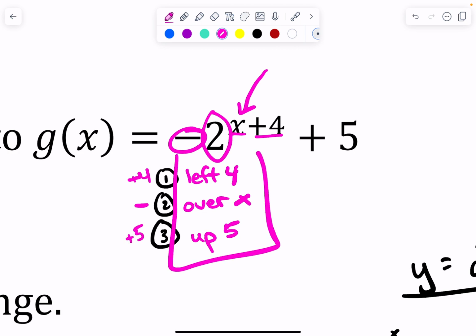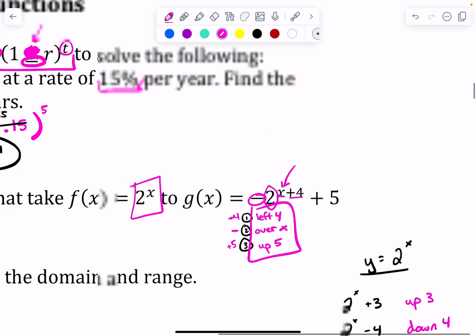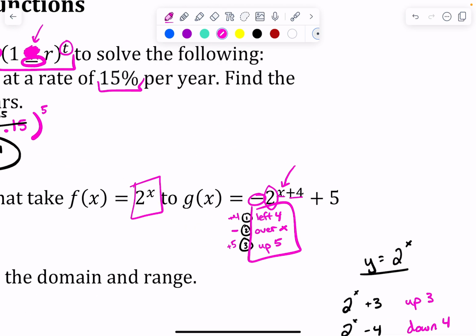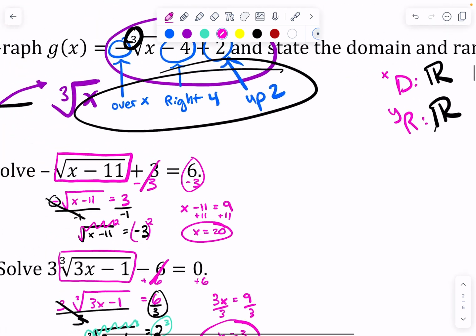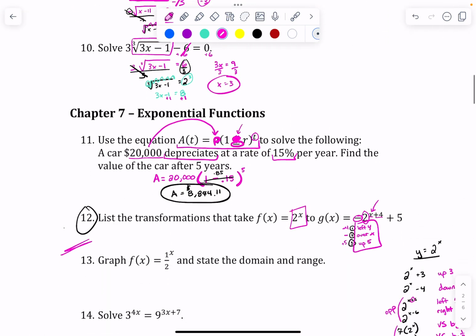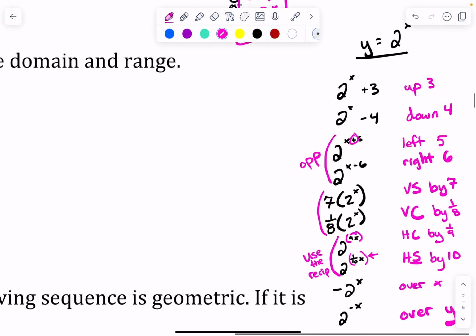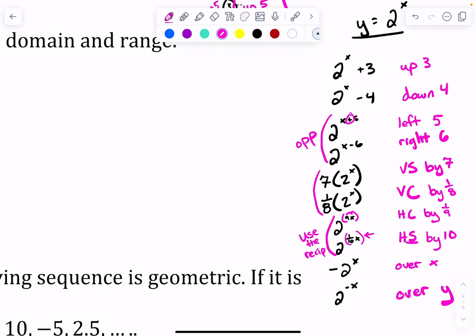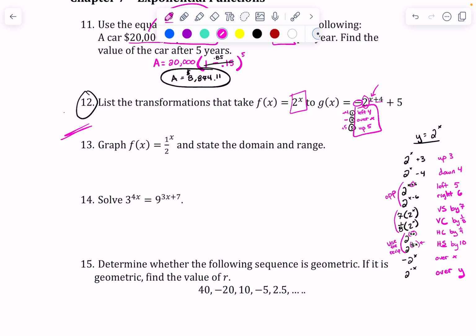So these 3 things are what I'm looking for as far as transformations, okay? Kind of like what we listed out up here, right? All of these things, that's what that means, all right? But make sure you write these guys down so you have a list of those transformations, unless you have them all memorized. That would be fabulous. Okay, we'll stop there, and we will start up with number 13 tomorrow.